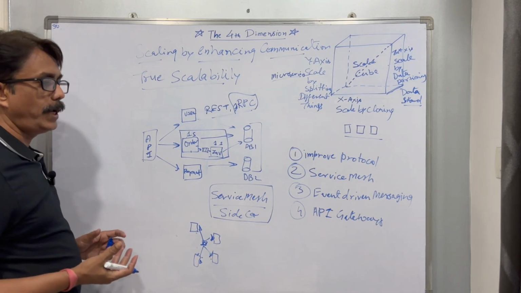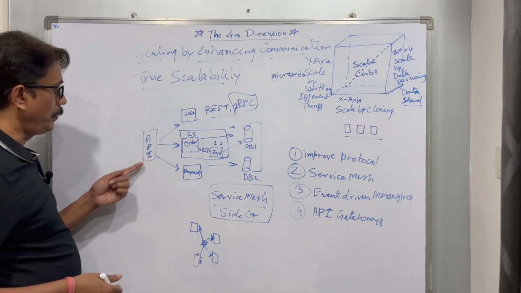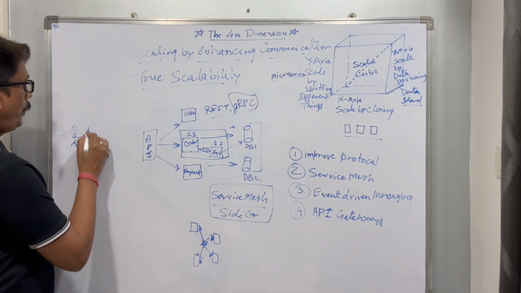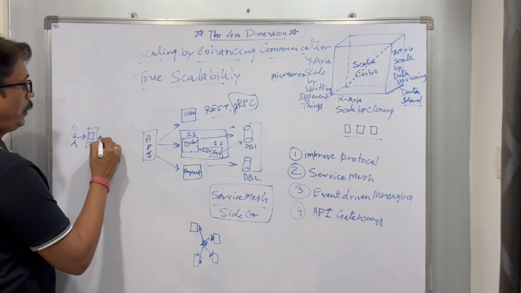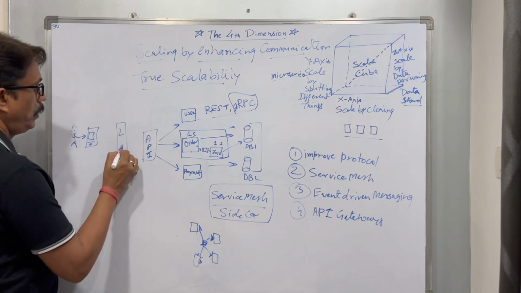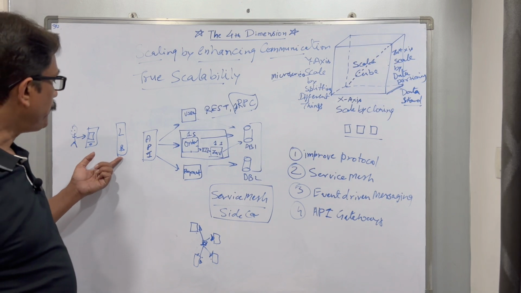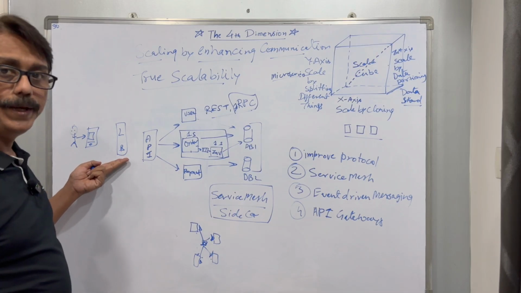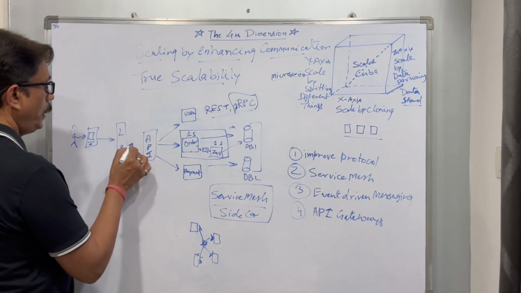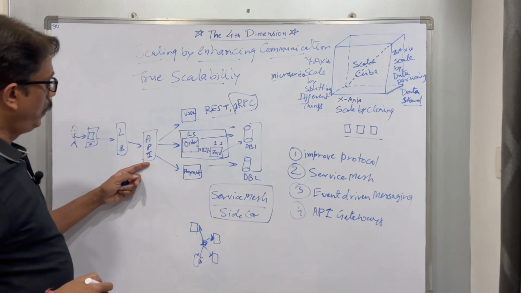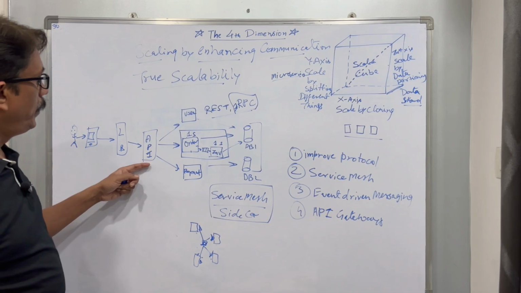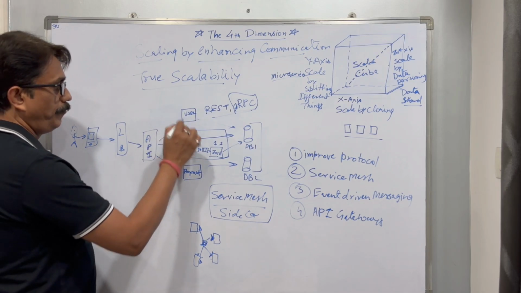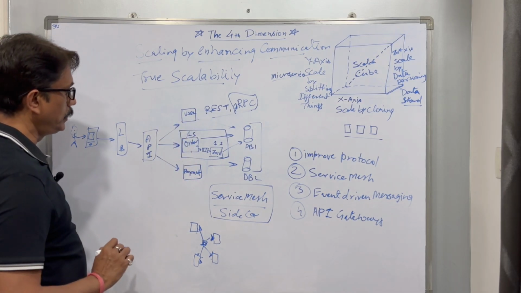Think like we have a container pod or something where we have set up this API gateway, and here we have the user, then we have our mobile app, then here we have a load balancer like ELB in AWS or Front Door in Azure, and that is basically redirecting the request to these API gateways, and the API gateway is handling the communication with the microservices or internal services.